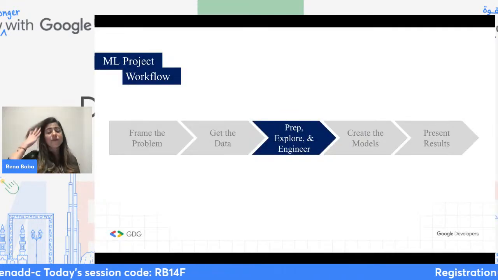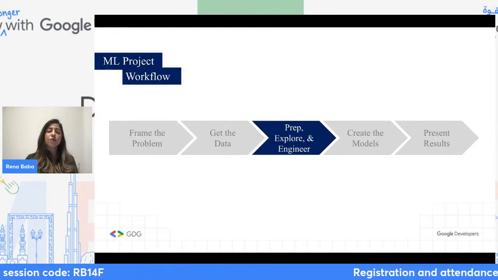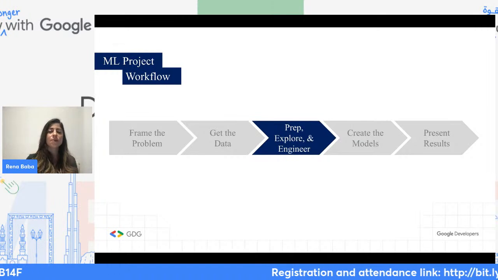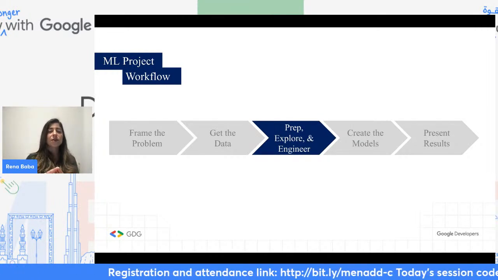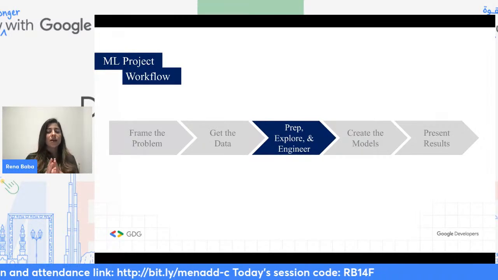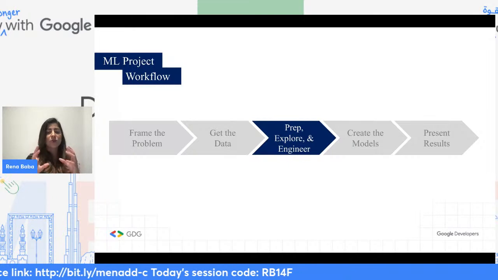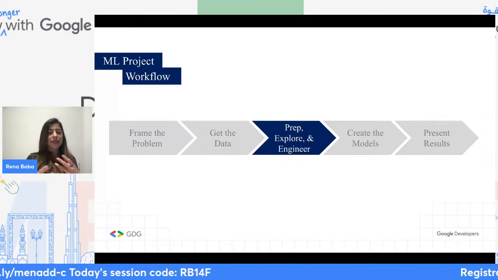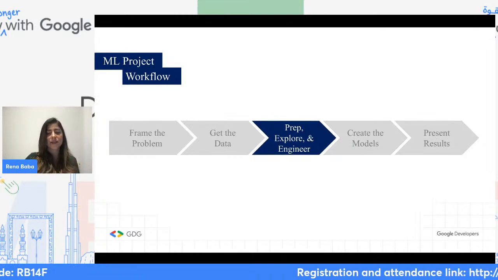After you gather all this data in a usable format, and it has to be stored somewhere, you can explore it, prepare it, and do some feature engineering. All of that exploring and visualization will be only on the training and the validation set. So you will not look at the test set, as we agreed.